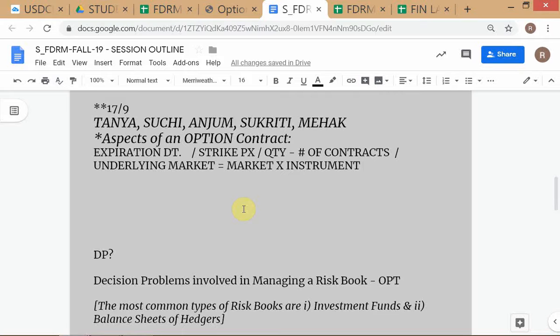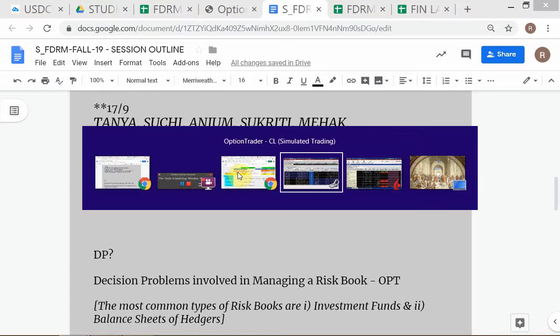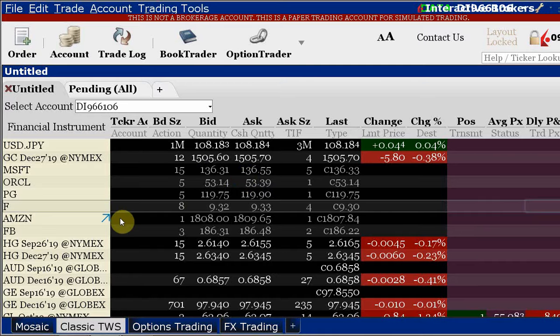Add up the points. The point to understand: for the underlying market, it is not sufficient to say dollar yen. You have to say dollar yen futures, spot dollar yen, options, all this stuff. So it has to be mentioned as a market instrument combination. And in the context of this particular project that you're doing, this US equity option trading project, what is your underlying going to be?